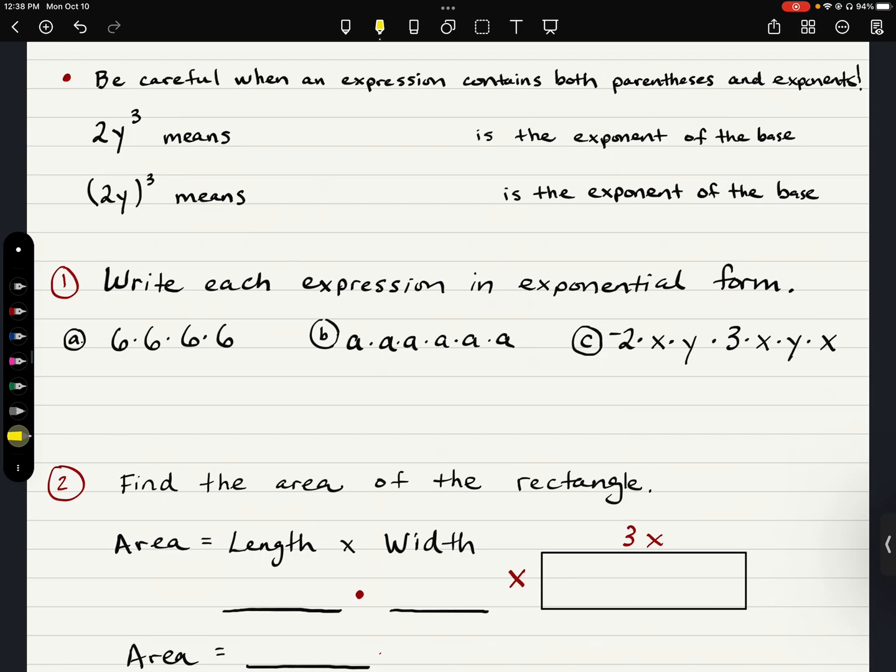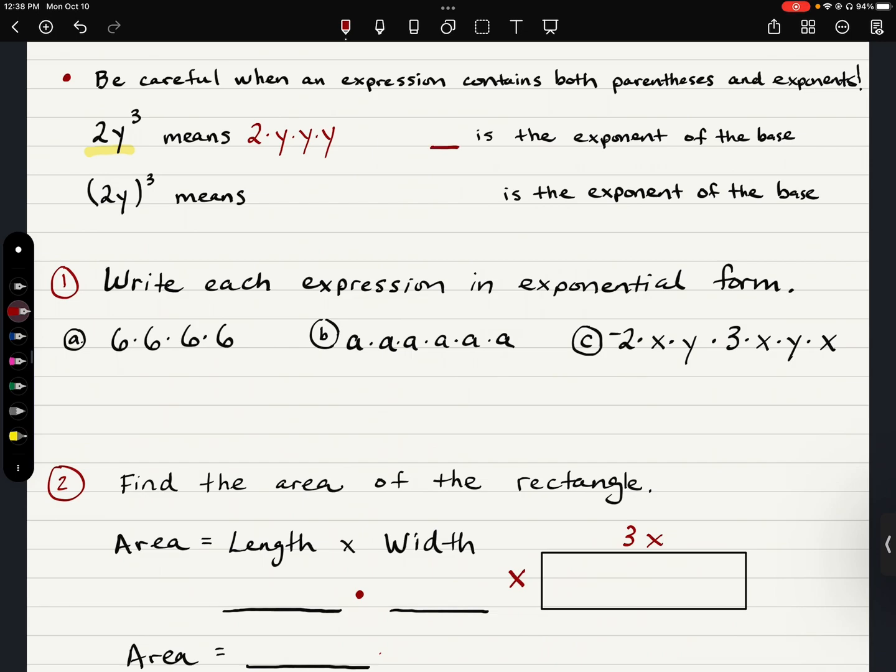It says 2y to the third power means, so when we're looking at this one right here, 2y to the third means what? Well, we're taking it and we're multiplying 2 times y to the third power. And remember, y to the third power simply means y times y times y.